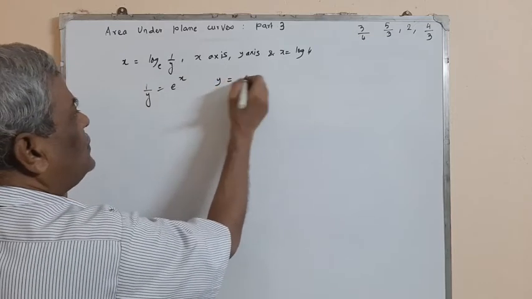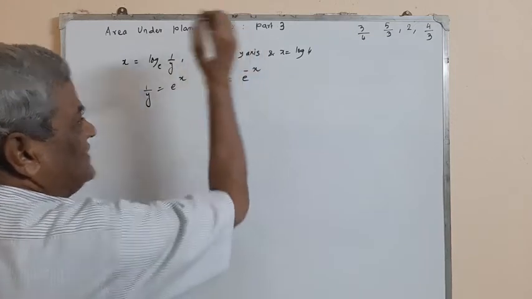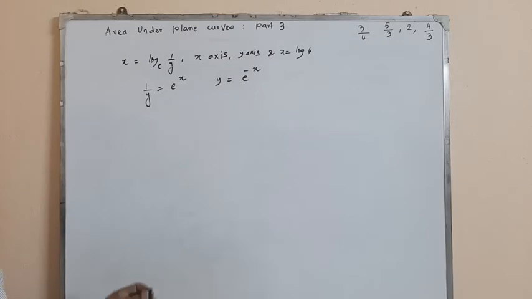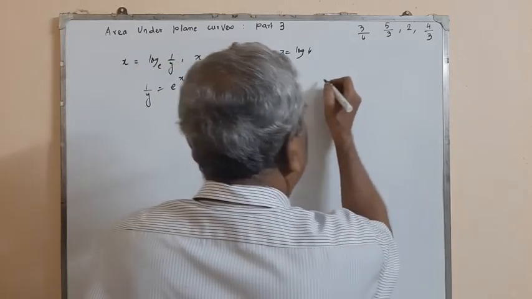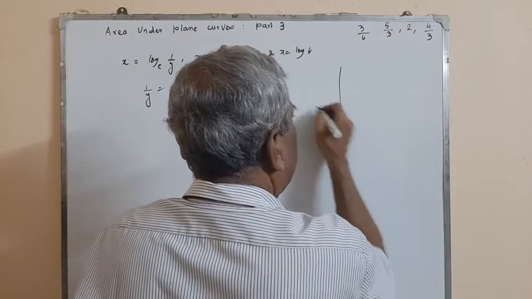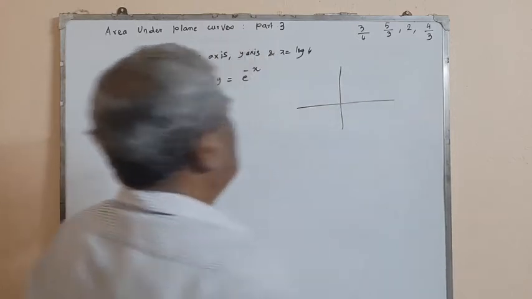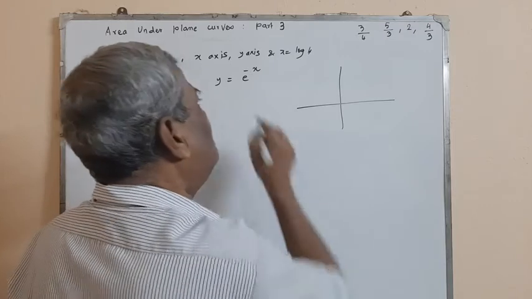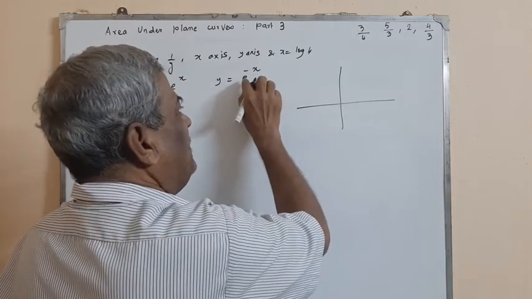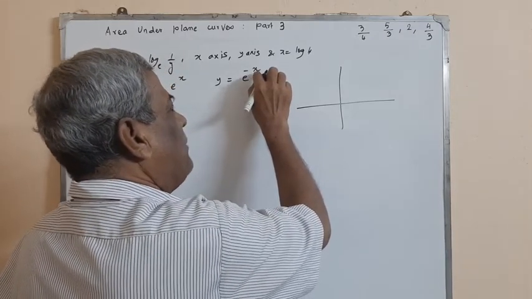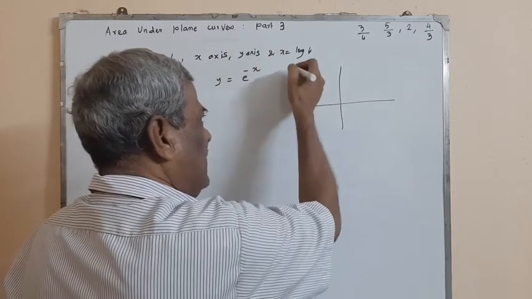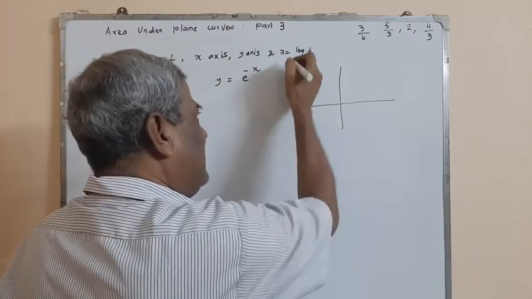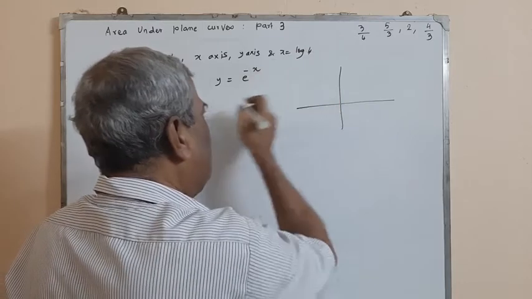That is, y is equal to e to the power minus x. This is a known curve to us. When x is equal to minus infinity, it becomes e to the power plus infinity. So it is coming from infinity.